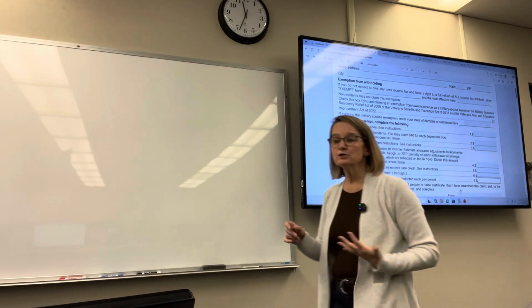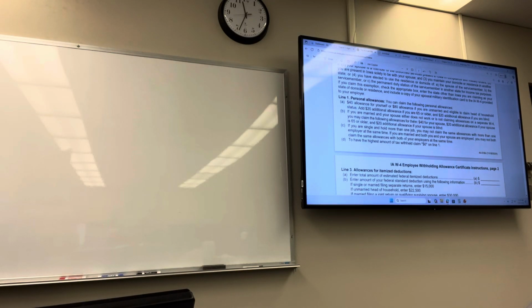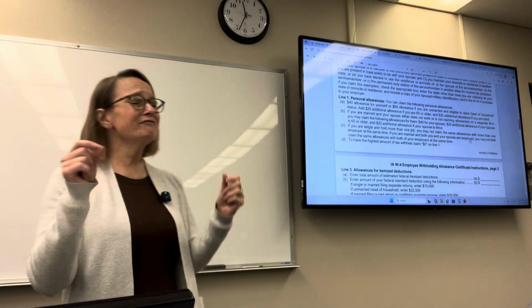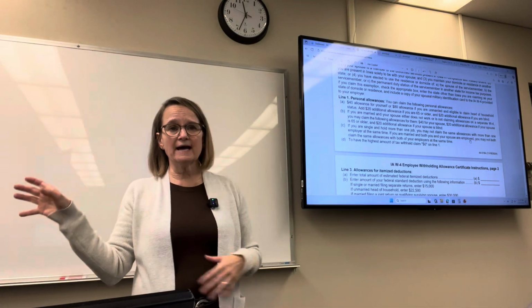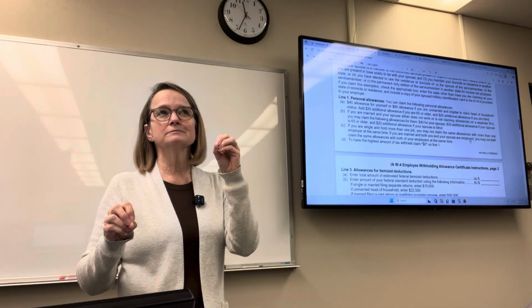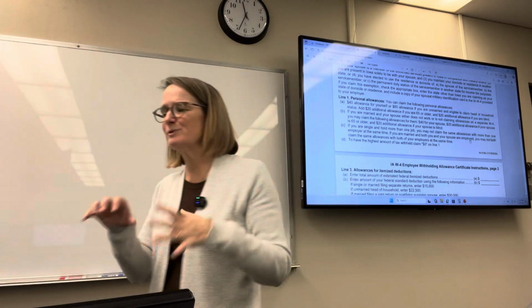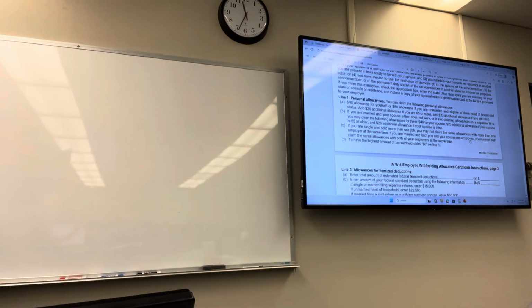So what they tell you, and there are instructions on the second page of this, is how you calculate those personal allowances. So the personal allowances, they're very small. So remember those allowances, in the calculation of withholding, they're not based on how frequently you're paid. They're just flat amounts.